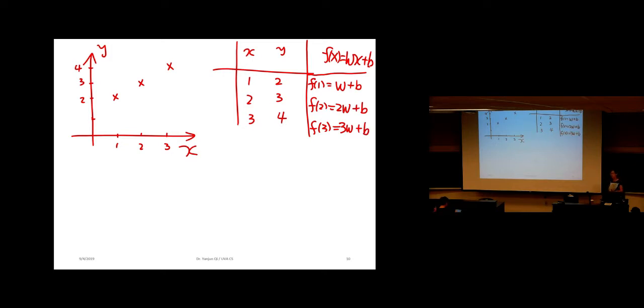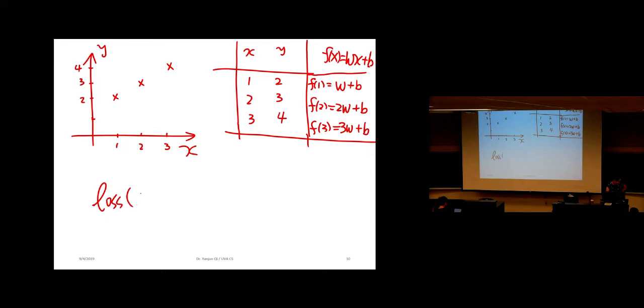Now what? How can I know w and b? I have to figure out an error function, and there are many kinds of error function. I have to represent it as an equation, so let's call that the loss function.